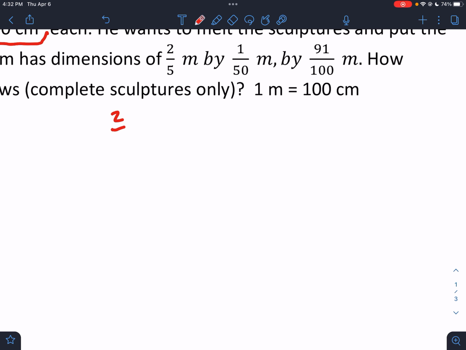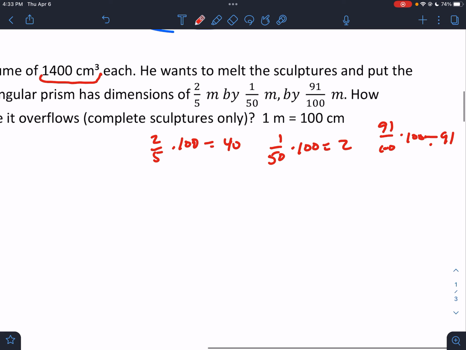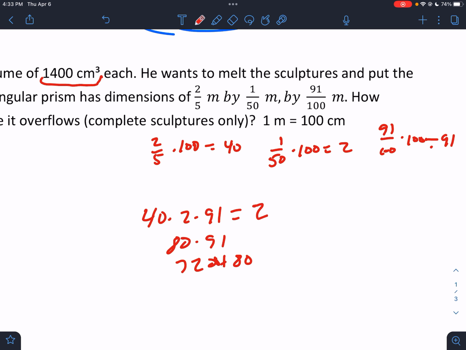So 2/5 multiplied by 100 is going to be 40. 1/50 times 100 is going to be 2. And 91 over 100 times 100 is going to be 91. So the prism is going to be 40 times 2 times 91. That's 80 times 91. That's 7,200 plus 80, 7,280.